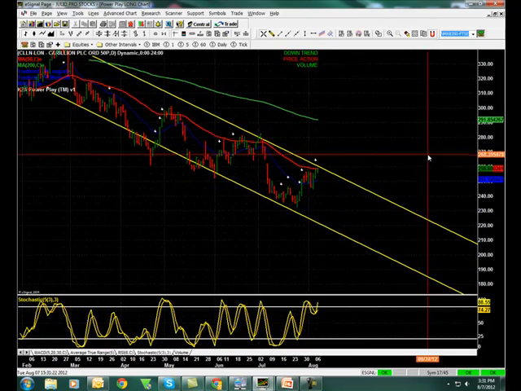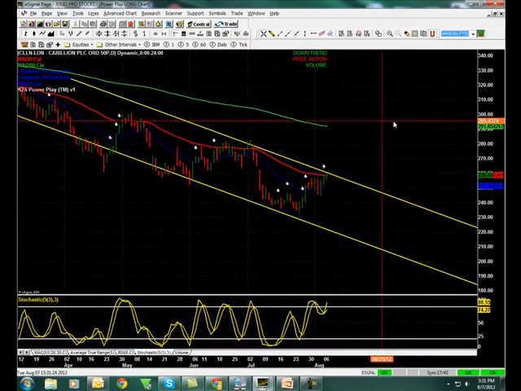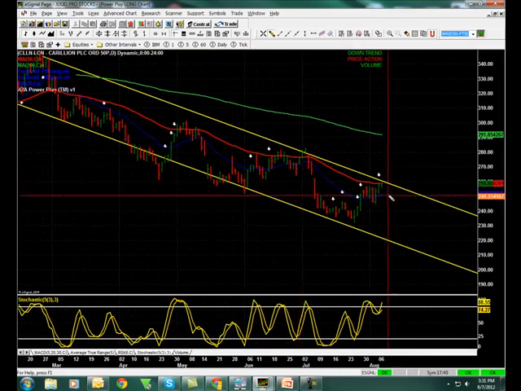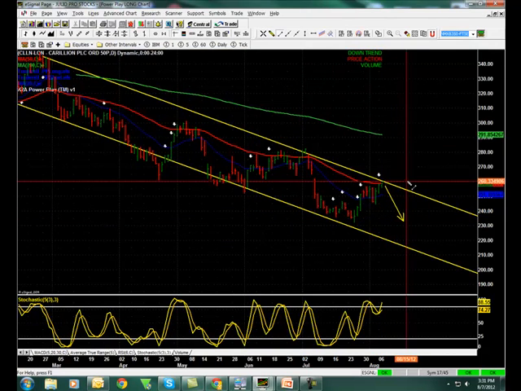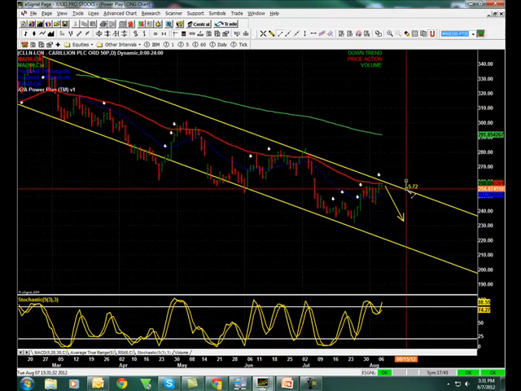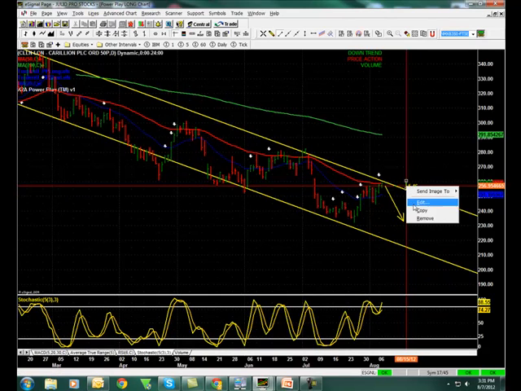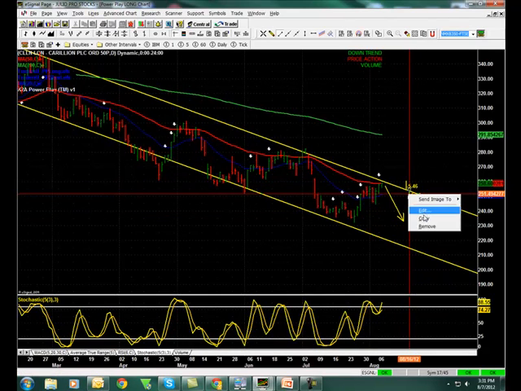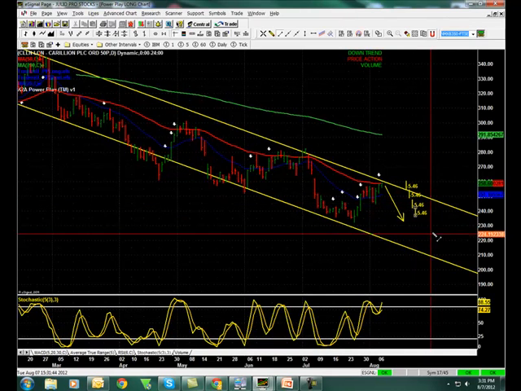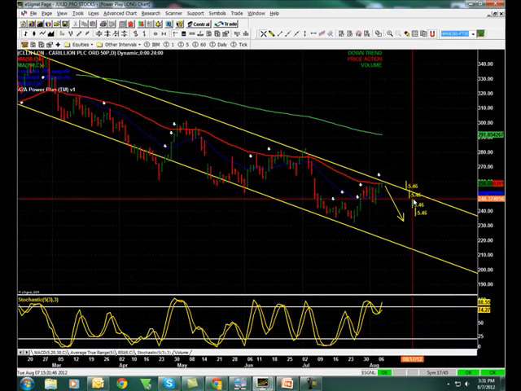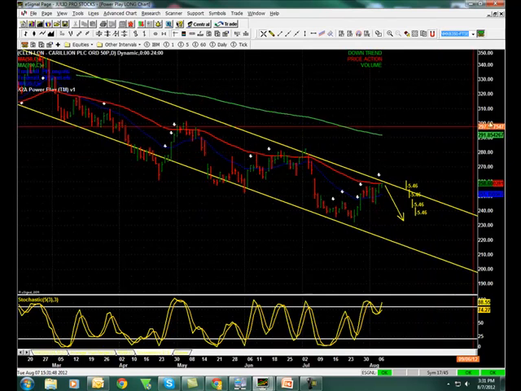Looks very similar to Euro Sterling, remember? And can take it back down to these lows quite easily. The risk is very small. There, 6 pips, not even. And the reward to risk ratio is quite exotic. Can easily be a 3-to-1 there.